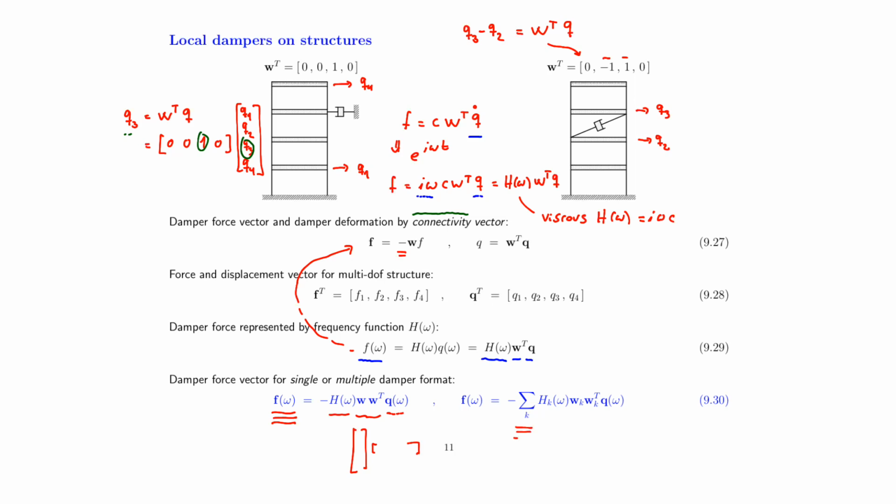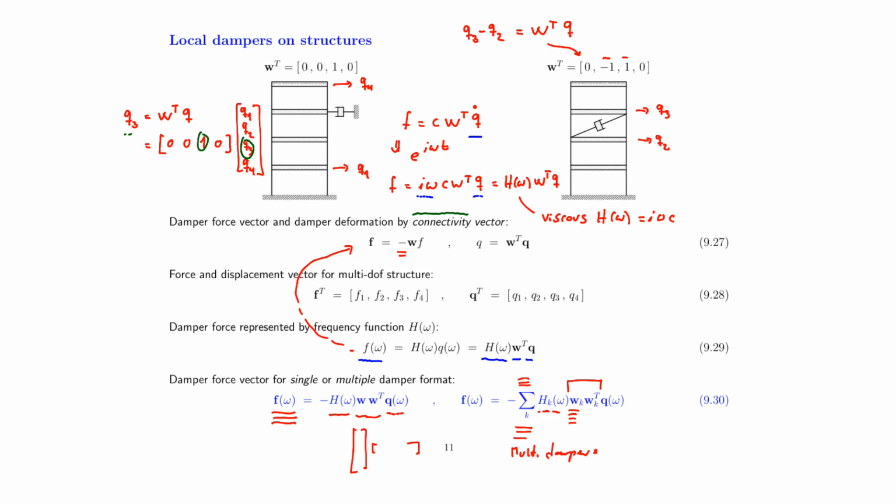If we have multiple dampers, each of them will have its own connectivity vector, providing a summation of these outer vectorial products and multiplied with different transfer functions.